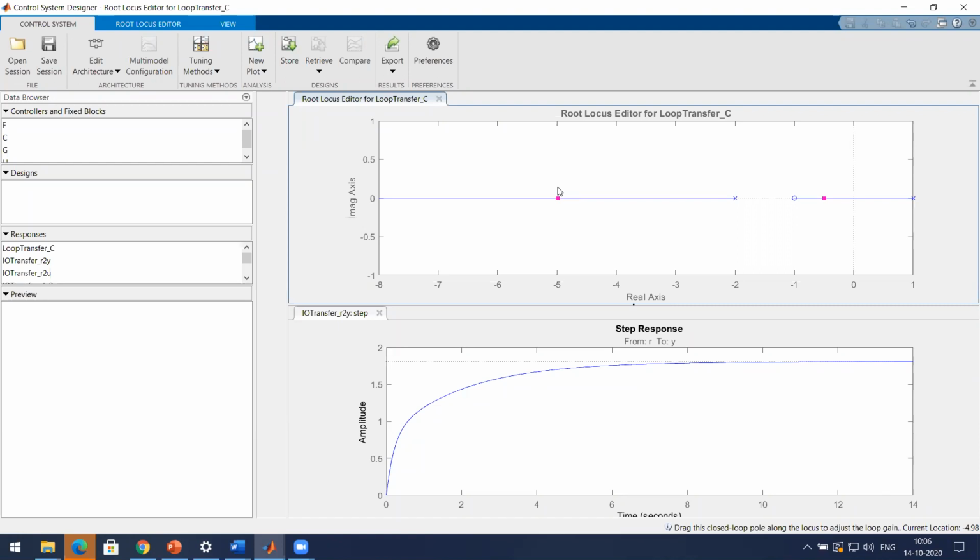If I'm able to place the poles wherever I want, then I'm able to control the response as well as the stability of the system. First comes stability, second is the response. So if I am able to place the pole positions wherever I want, then I am controlling the system.